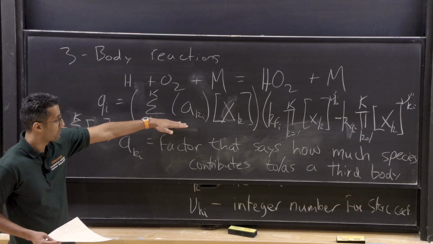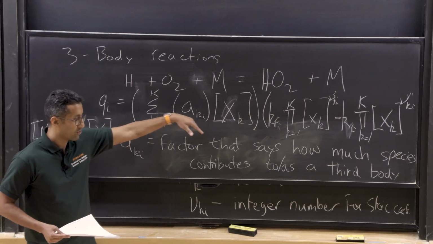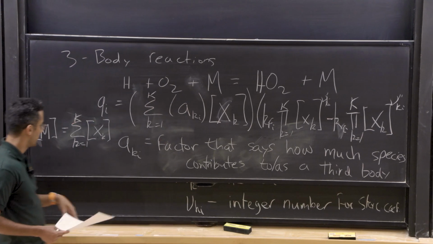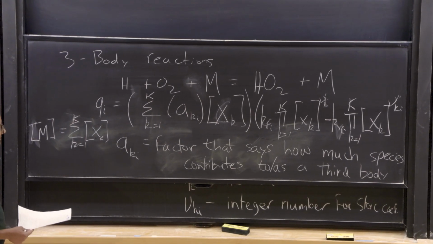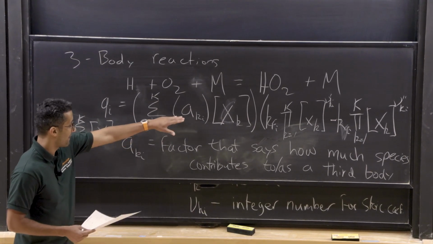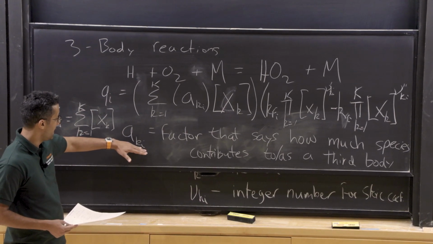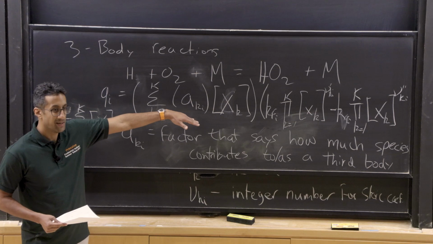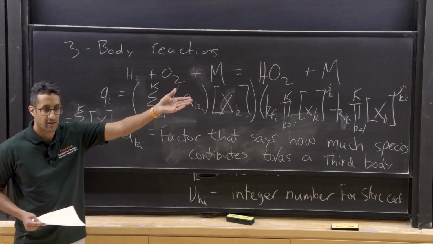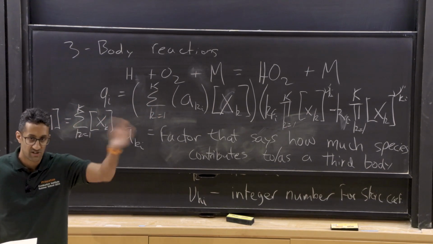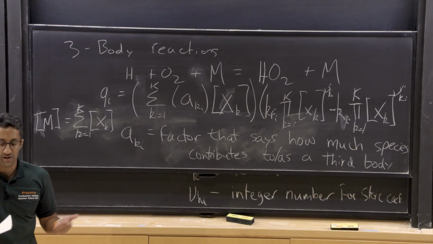But some species contribute less or more to this overall M term. That's done by adding this factor, and if no A is provided, it will just assume it's 1. So the contribution of any species as a third body collider is 1.